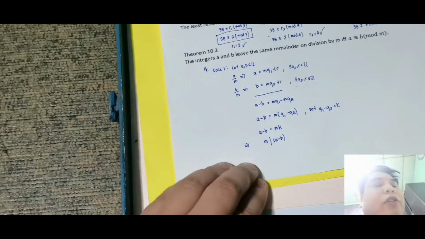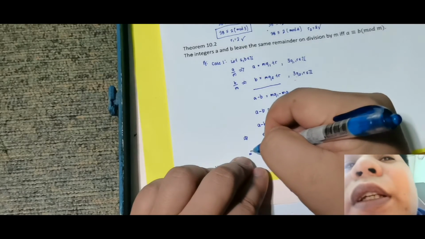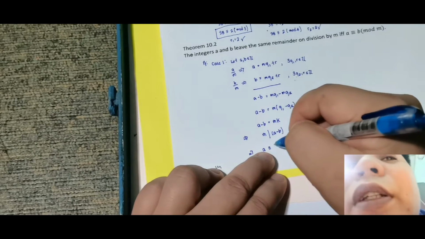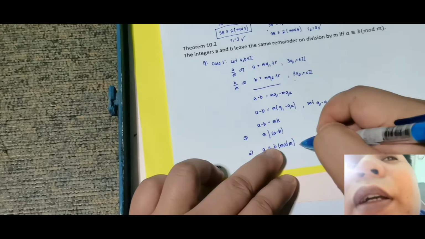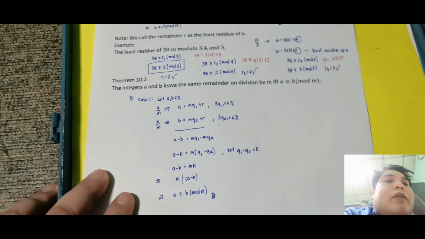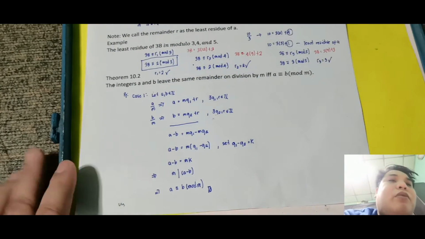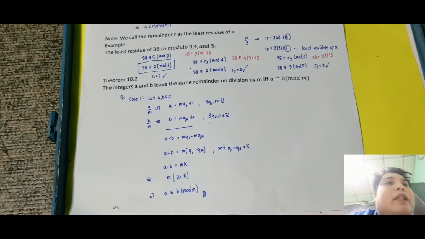Right? Then by definition of congruence, a is congruent to b modulo m. For the meantime, case 2 will serve as your problem set. That's how we prove statements about modulo. Since they leave the same remainder, I used r for both.